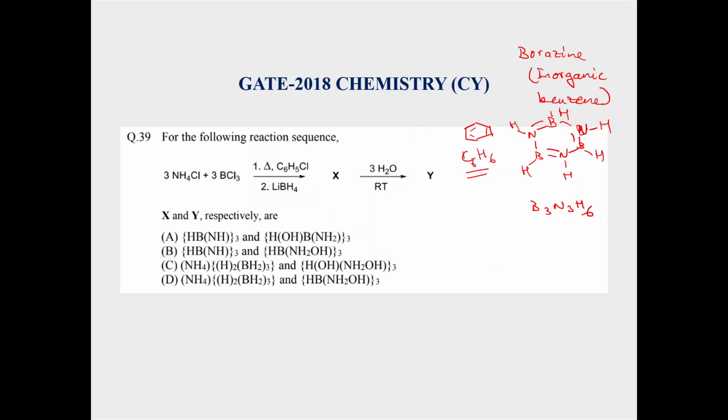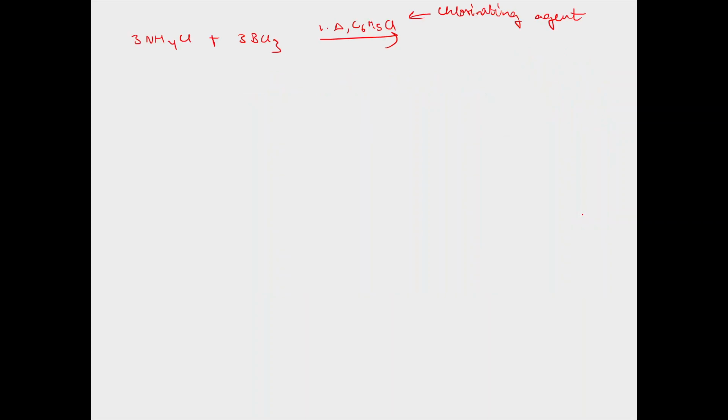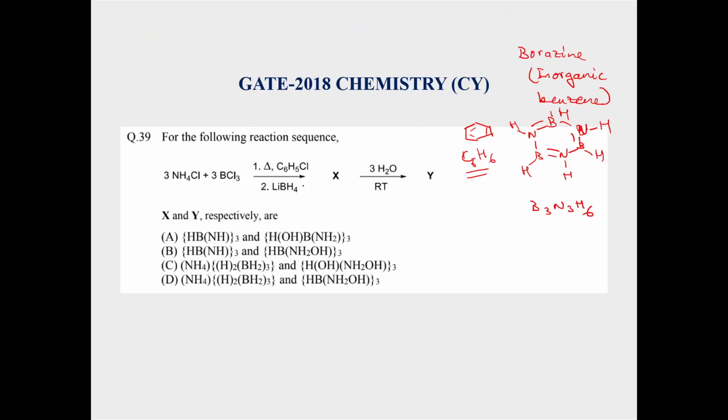This is one way of synthesizing borazine. In the first step, they are adding C6H5Cl and heat.